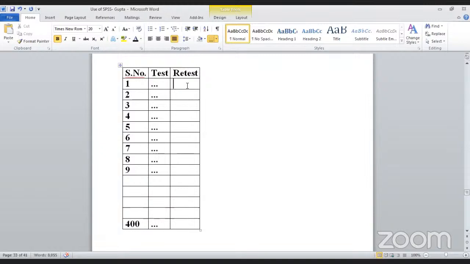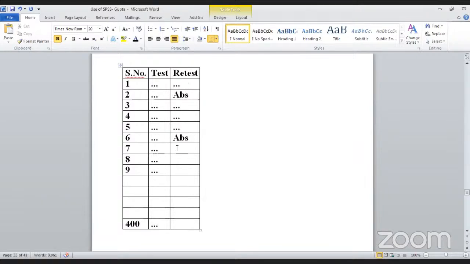So the first person's score, you know, he was present in the retest. The second person was absent. So if he was absent, you have to take out the score of this particular person. The third person was there, the fourth was there, the fifth was absent.